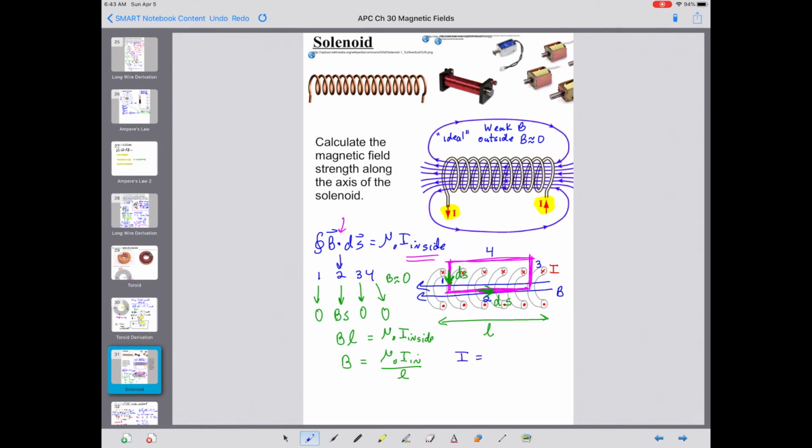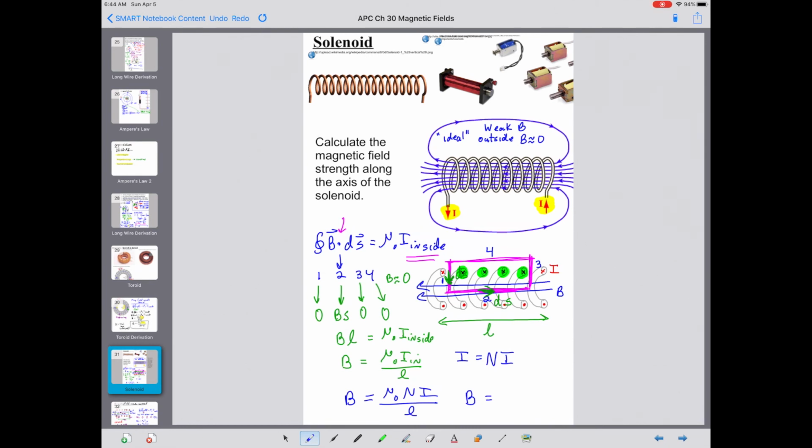Same idea as before with the toroid. You have a bunch of different currents that you are intercepting. So you are intercepting a lot of currents, so then we can throw in the multiplier, capital N, multiplied by what the current is in a singular wire. So then we're going to get B is equal to mu naught, capital N times I over L.